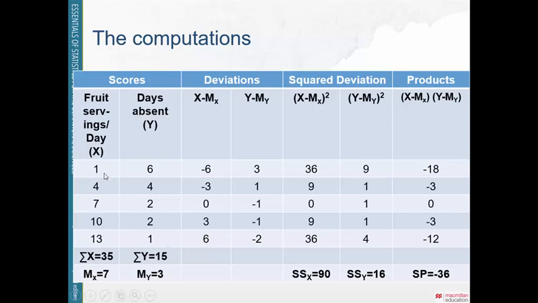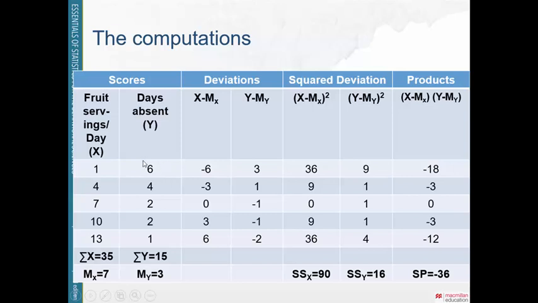Your deviations, right, 1 minus 7 is -6. Squaring -6 gives you 36. 4 minus 7 is -3. Squaring -3 gives you 9. And you would finish that for the X deviations and the X squared deviations.